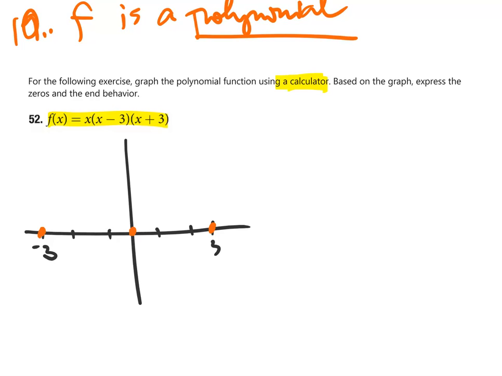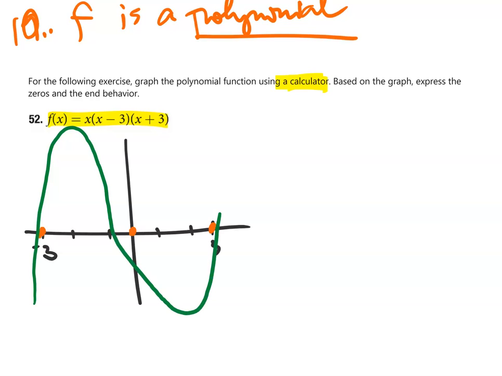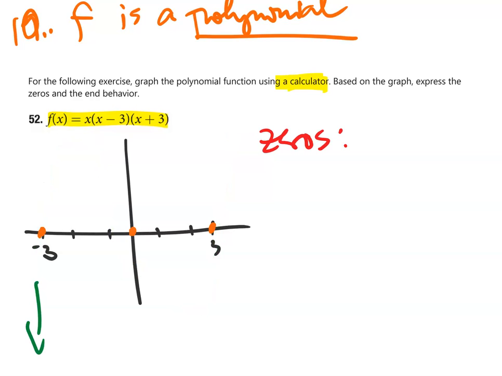And when you graph this, something like this. So the zeros are the points on the x-axis. Oops, sorry, it doesn't look good.